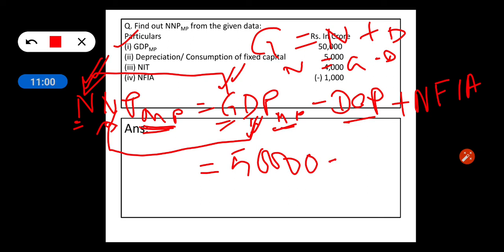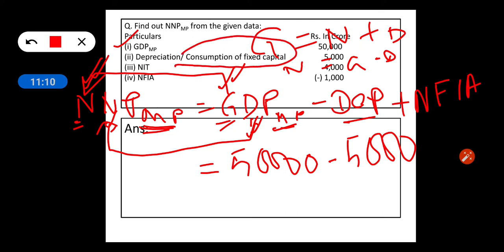Value of depreciation is 5,000. Remember, depreciation is also known as consumption of fixed capital. And plus we have NFIA, and the value of NFIA is minus 1,000. So your answer is 44,000.